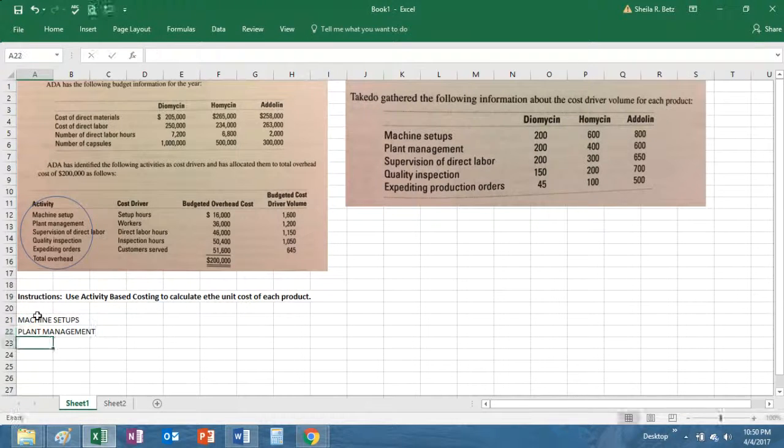The instruction is asking us to use activity-based costing to calculate the unit cost of each product. What we need to do first, and this is always step number one, is calculate the PDOR for each cost pool. I'm given the overhead cost above, so I'm putting all of this into Excel.